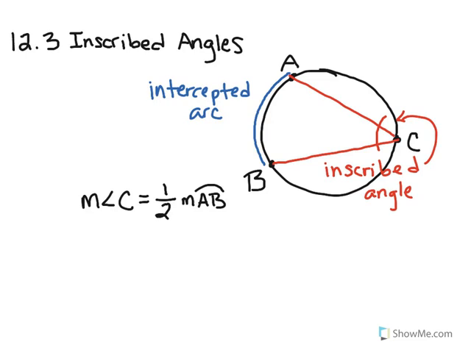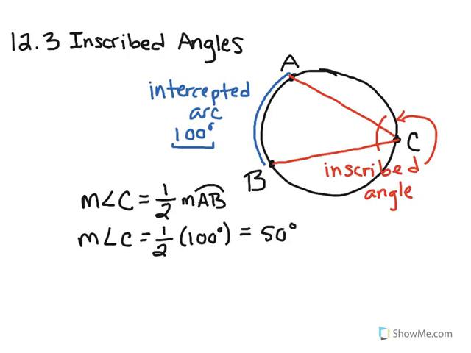So if I wanted to find the measure of angle C, and my intercepted arc was 100 degrees, the way I would find angle C is by plugging that 100 degrees into my equation. So I would say the measure of angle C equals 1/2 the measure of arc AB, which is 100 degrees, which we know to be 50. So it's that simple.